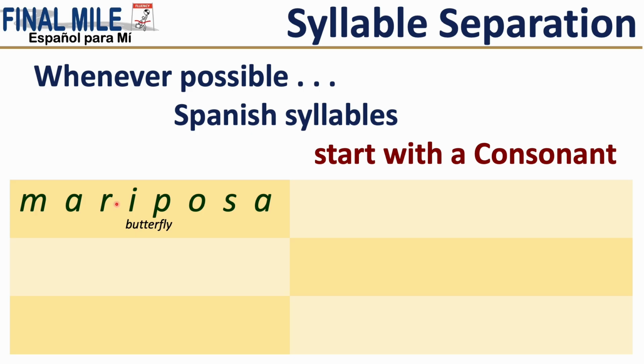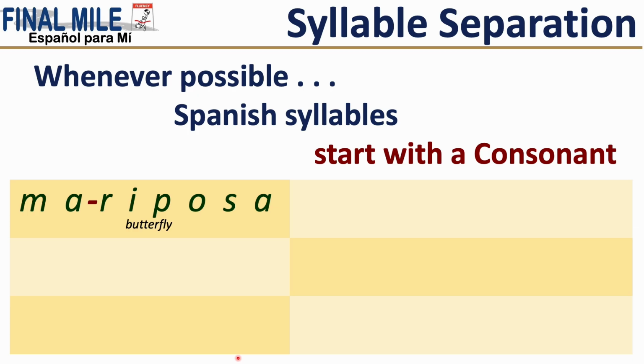But if we put the break here, then we are starting the next syllable with a vowel. We don't want to do that, so we give this consonant to the I and we put the break right there. So it's slow, I know, but it will become second nature and very fast if we practice it right.